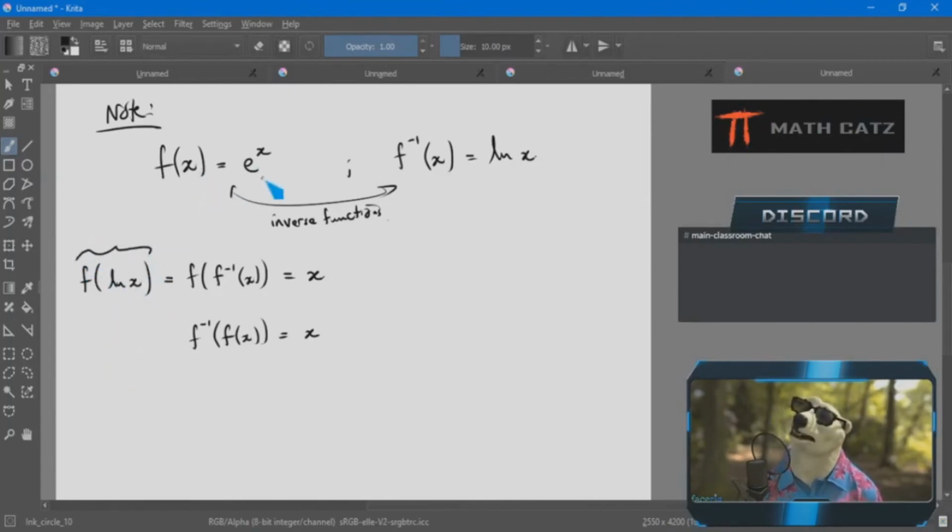F is e to the something. Whatever the input is, it's e to that. Now the input is the natural log, so it's e to the natural log of x. So this guy is e to the natural log of x equals x.